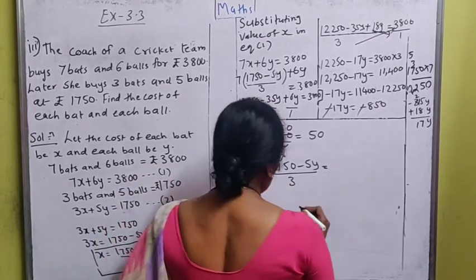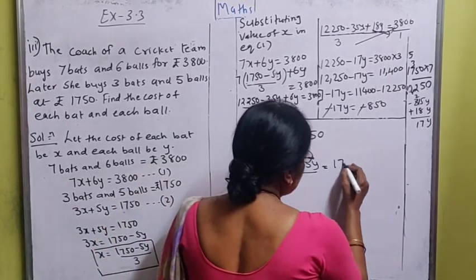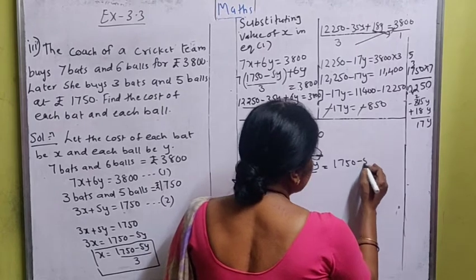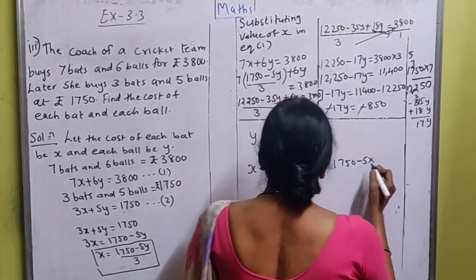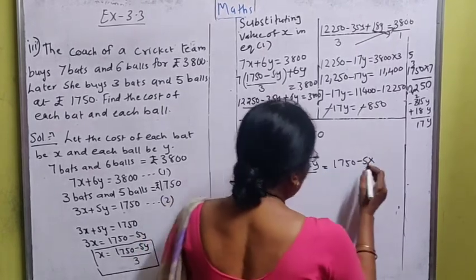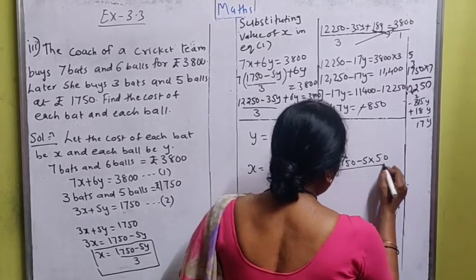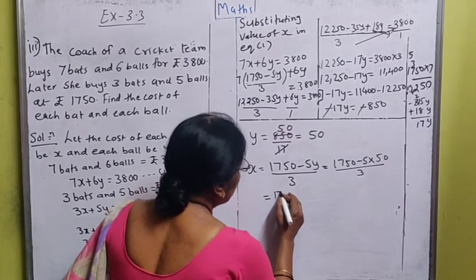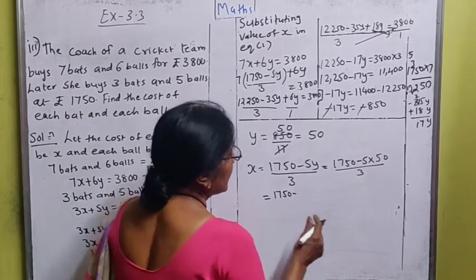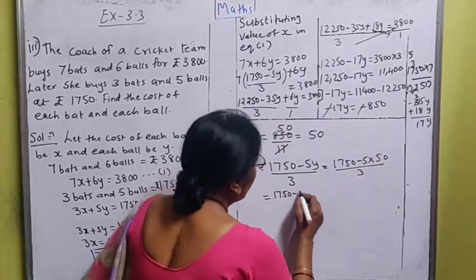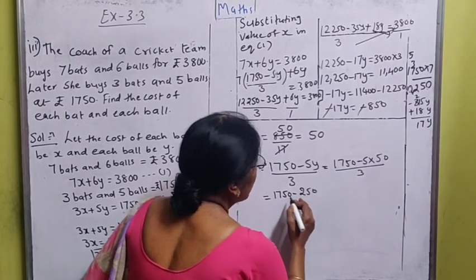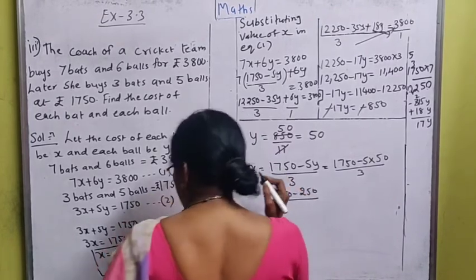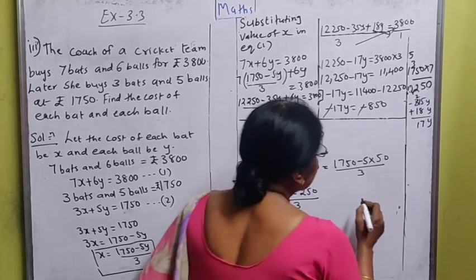That is equal to 1750 minus 5 into, what is your y value? 50, whole divided by 3. So that is equal to 1750 minus 50 into 5, which is 250, whole divided by 3.